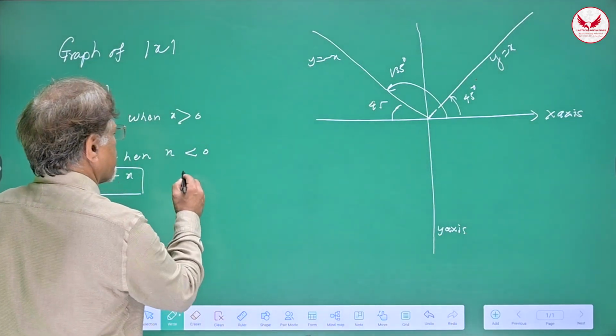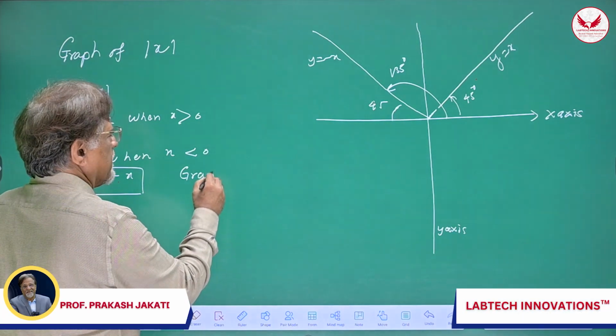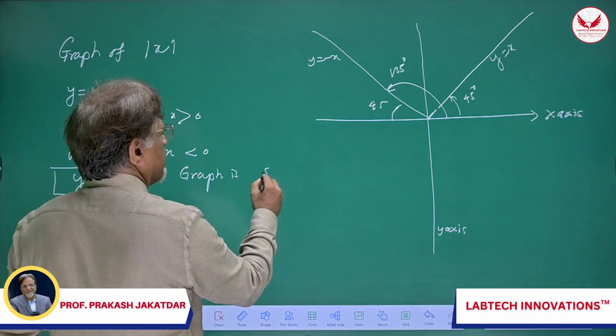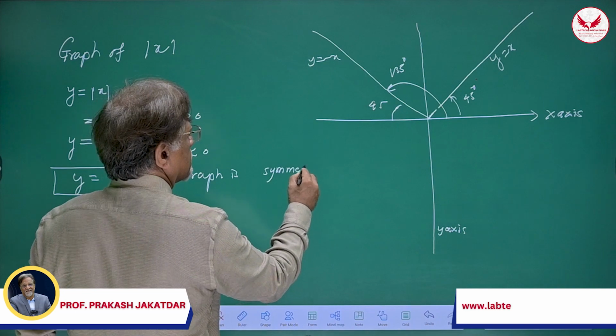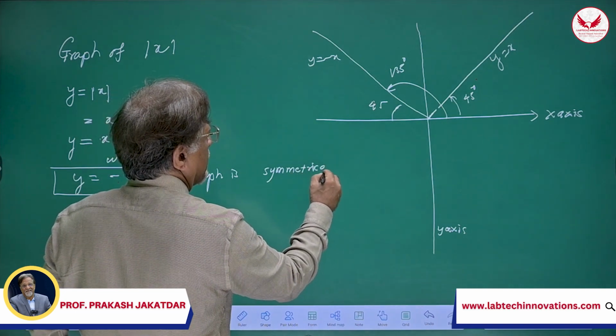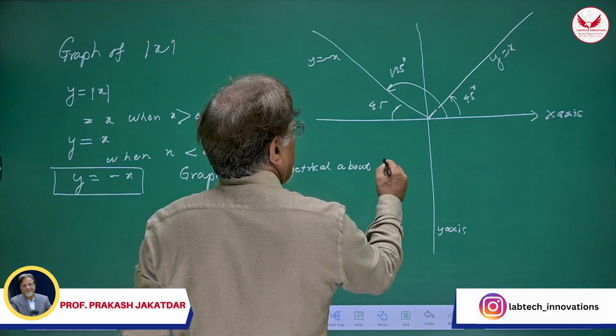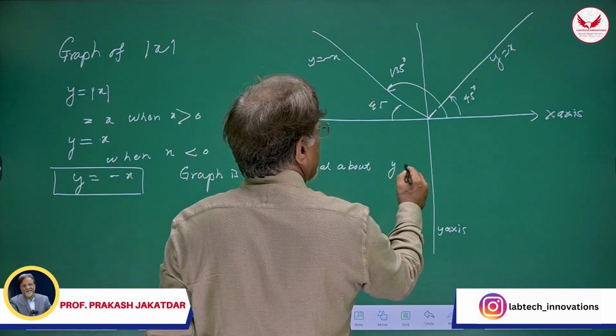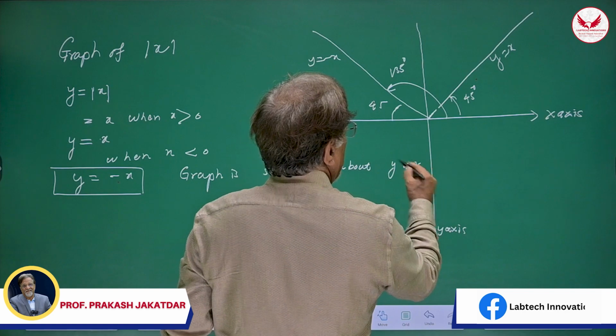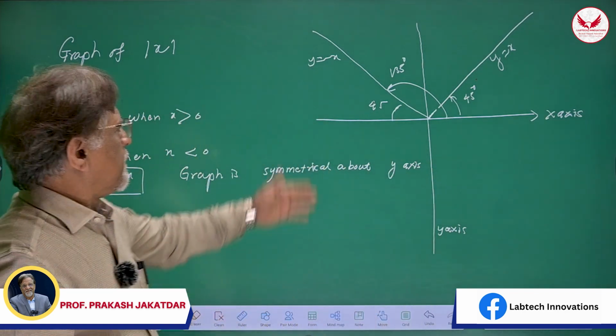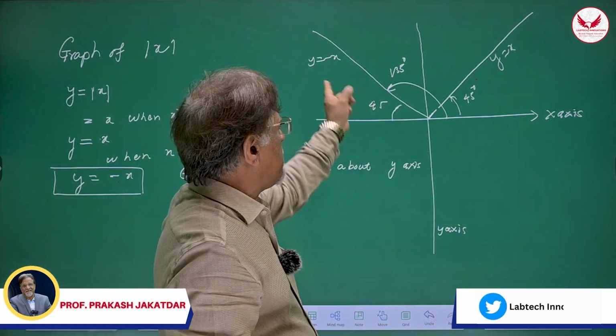So the graph is symmetrical about the y-axis. Correct? That means this part and this part, they are mirror images of each other.